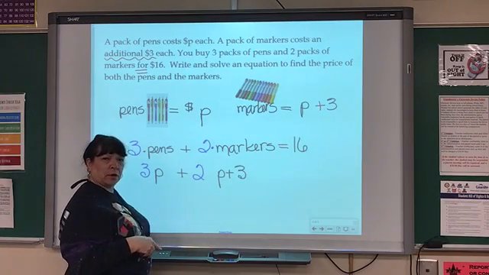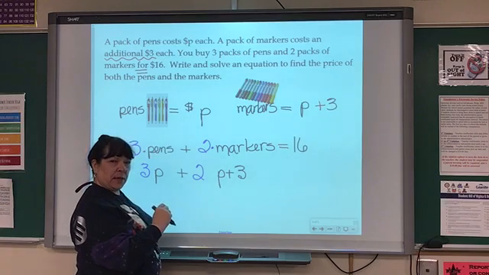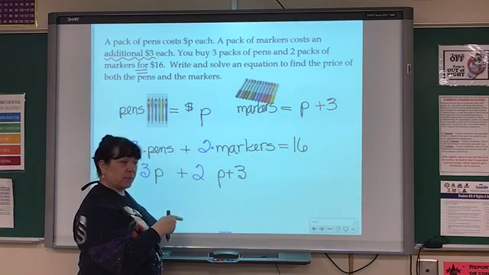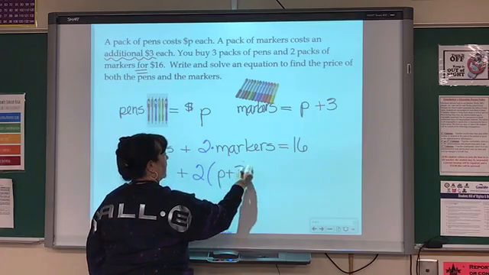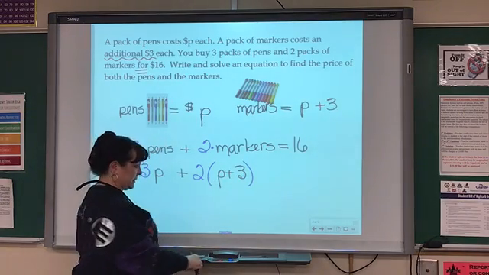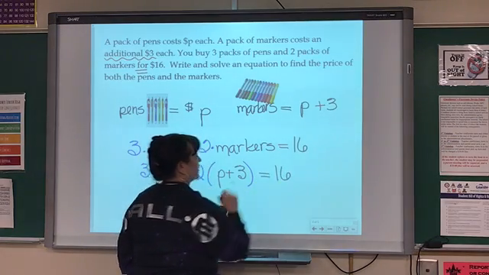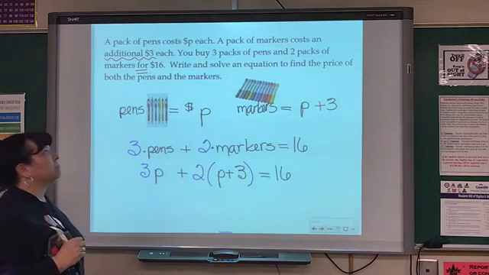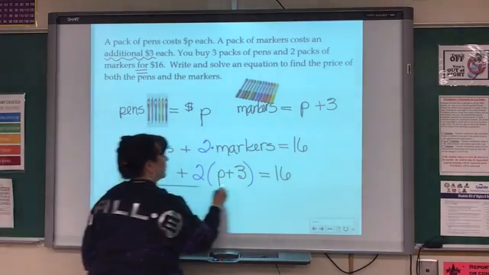That doesn't work because it's not just 2 times the price of the pen and then add $3. It's 2 times all of that. And because it's all of that price, I need to put it in parentheses. And that's going to be equal to 16. That is my equation.